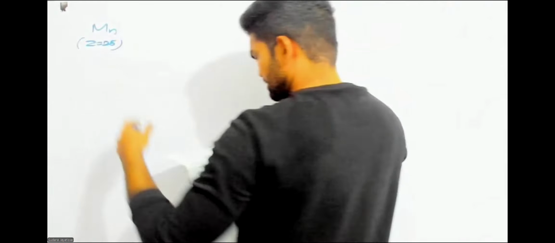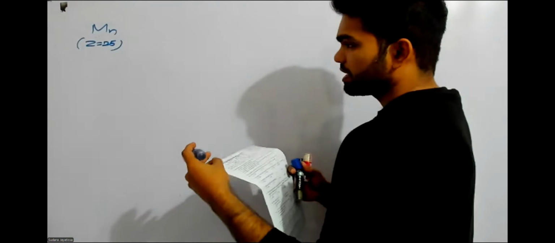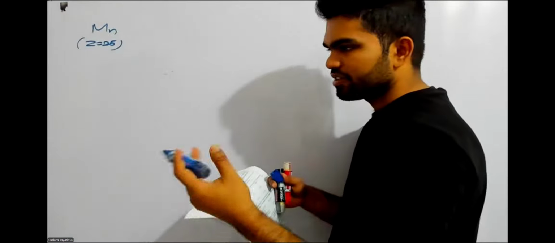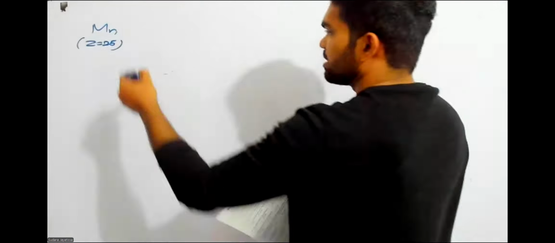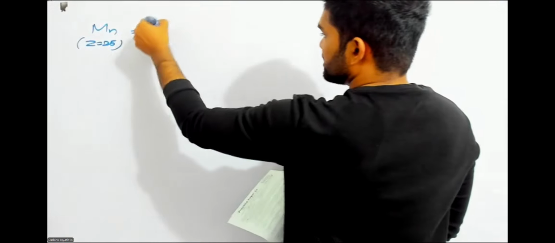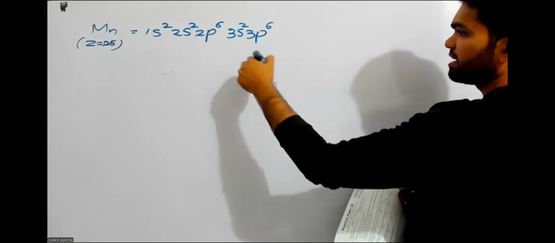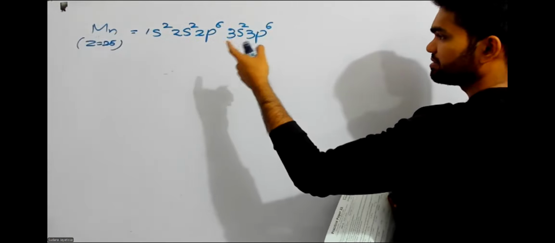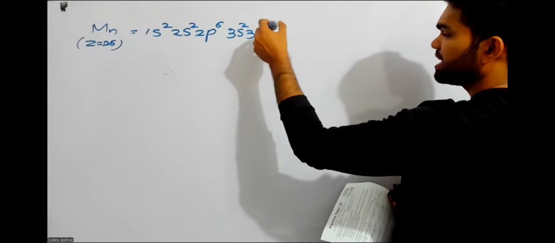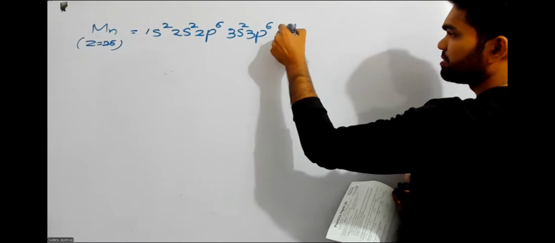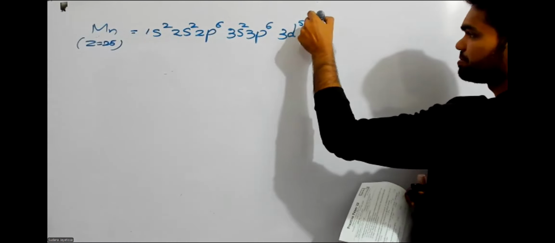The atomic number of manganese is 25. It is not given here, but you can refer to the periodic table that will be given to you in the exam. So the electronic configuration is 1s2, 2s2, 2p6, 3s2, 3p6, and the other 7 electrons will be there, like 3d5 and 4s2.